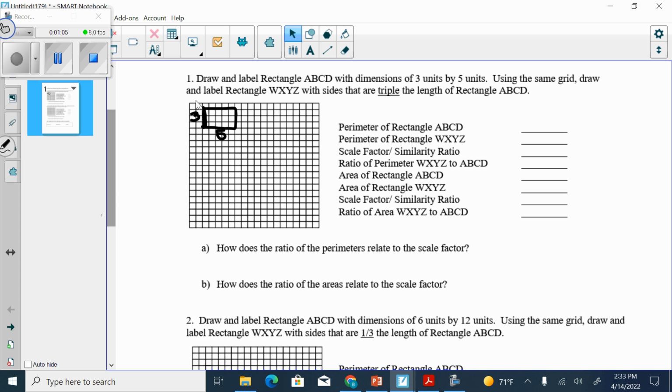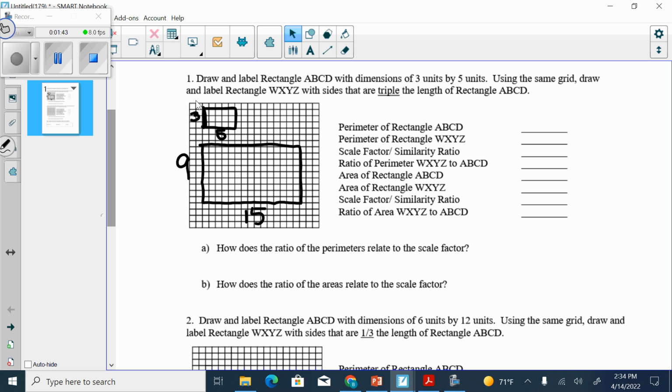So I'm going to now draw a 9 by 15 rectangle. Okay, so I have my 2 rectangles drawn.